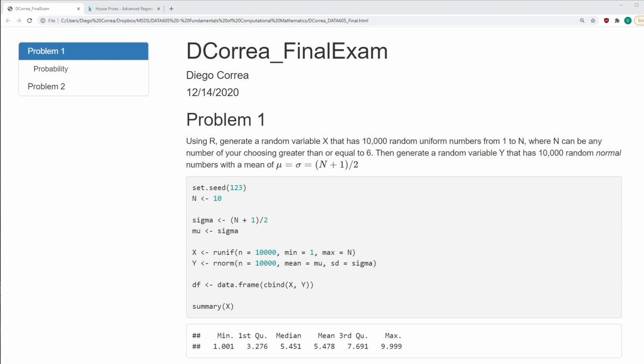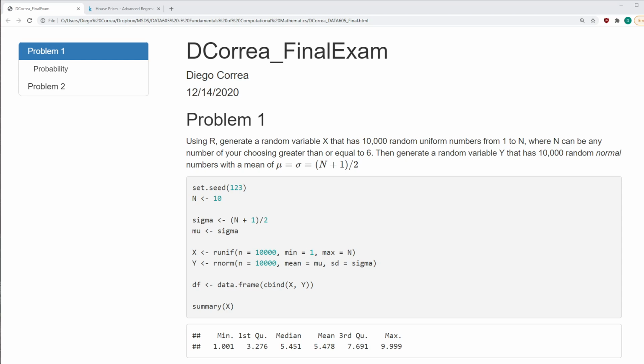I set the seed to 1, 2, 3 to store our random numbers. Then I set n equal to 10, sigma is equal to (n+1)/2, and mu is equal to sigma. I generate the random variable x using the runif function to generate uniform numbers with 10,000 observations from 1 to n.